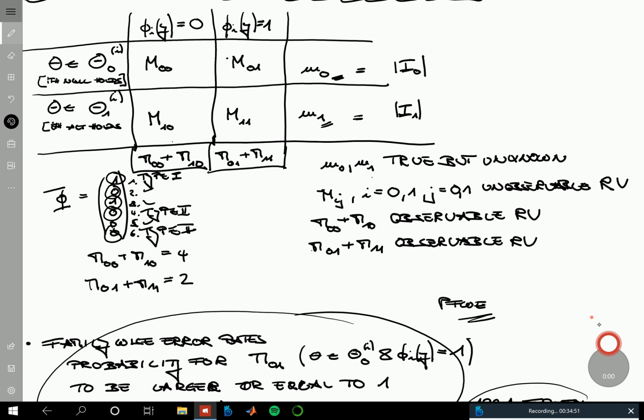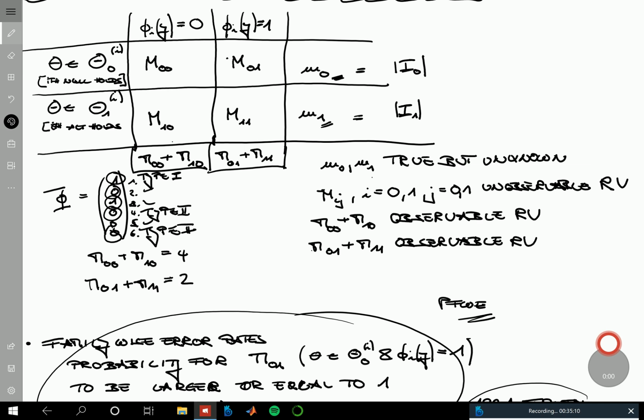So these numbers, that you can partition this into M00 and M01, follow from the fact that the test is a random variable: for the null hypotheses that really hold, the test can either come out 0 or it can come out 1, like in the single test scenario.